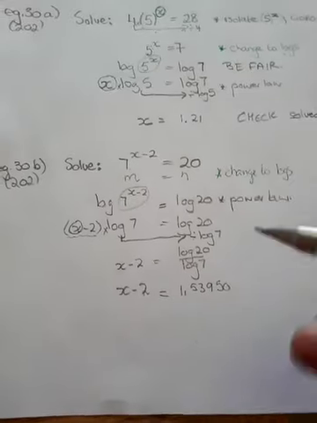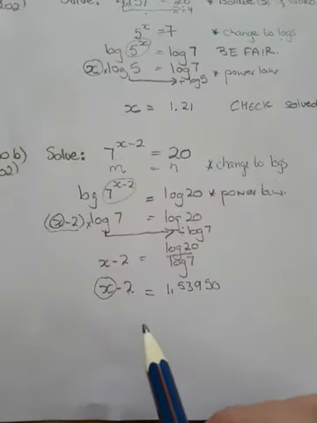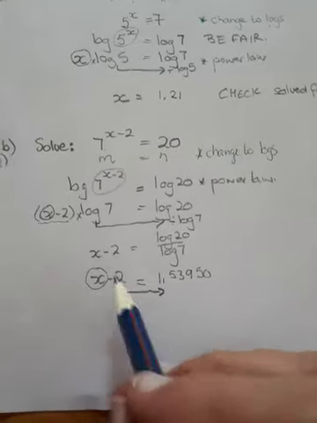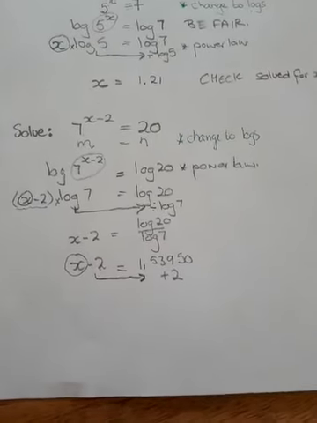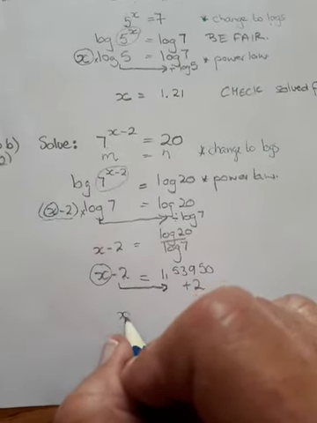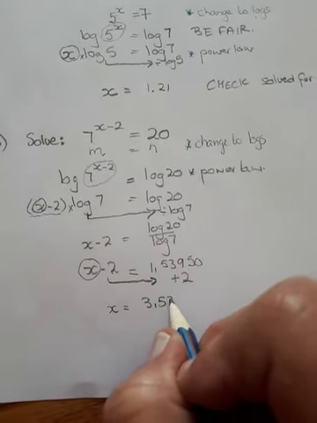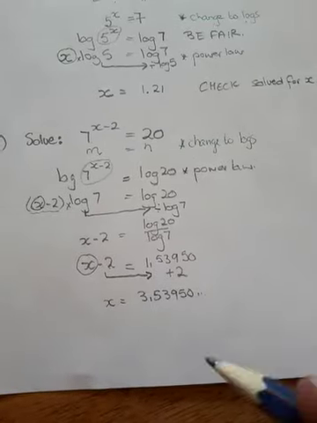And now, people, we still want to find what is x, meaning we will move over the minus 2, which will become plus 2 on that side. So we're just simply going to add 2. So x becomes 3.5395, etc. It goes on.